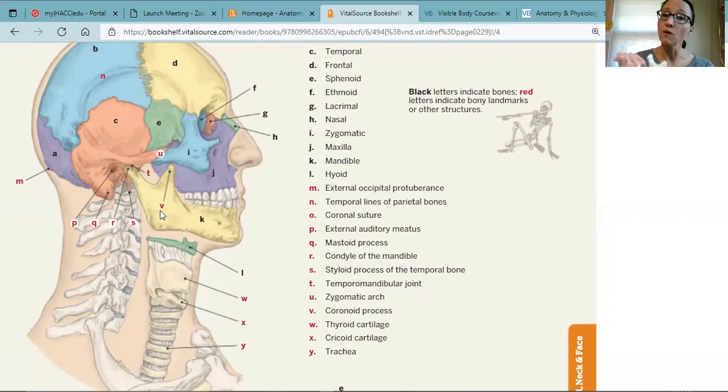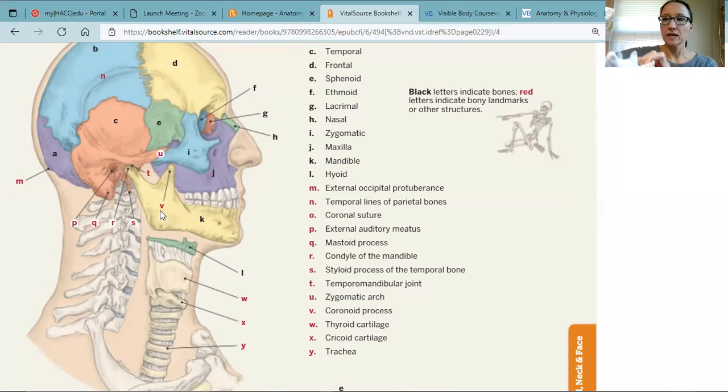See, there's another coronoid process. Isn't that great? So now we have to be specific. We can't just say coronoid process because we have others. Coronoid process of the mandible. This is the articular surface of the mandible. Okay. And this is technically the condyle of the mandible.